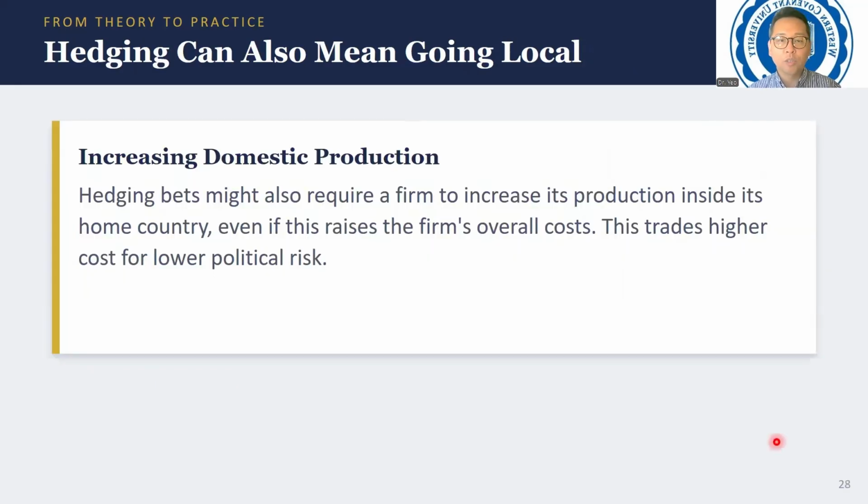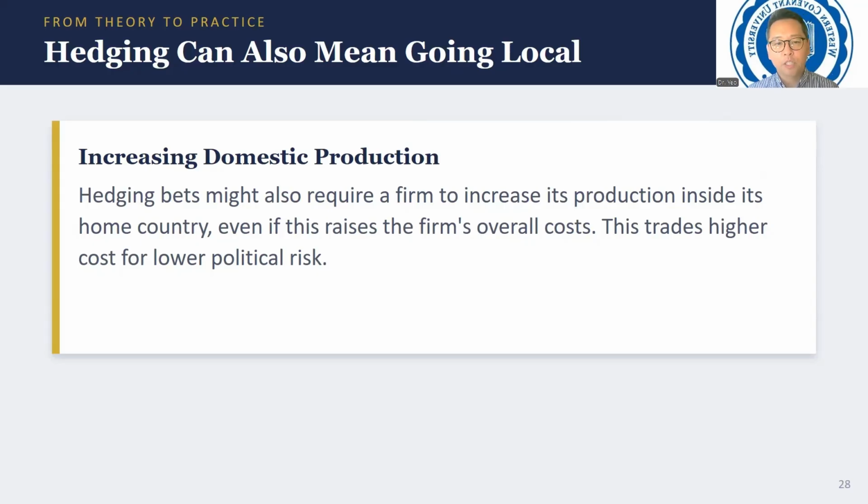Hedging does not only mean spreading production across several foreign countries. Sometimes it means bringing production back home. A firm might choose to increase its domestic production, even if this raises its overall costs, simply to reduce its exposure to tariffs and political risk in other countries. This is a real trade-off.